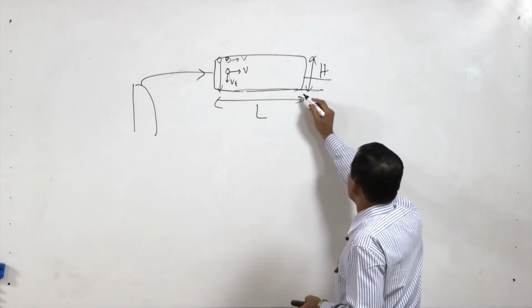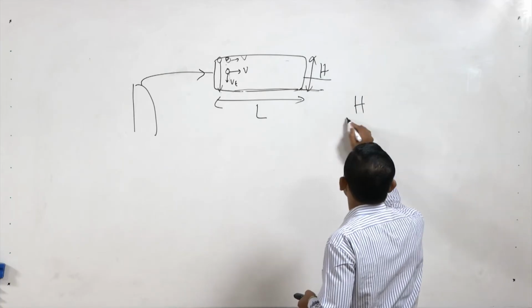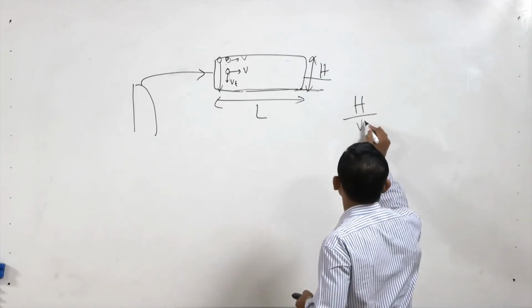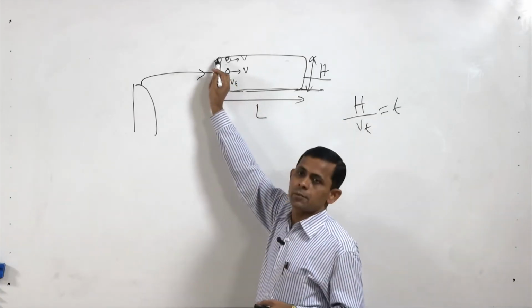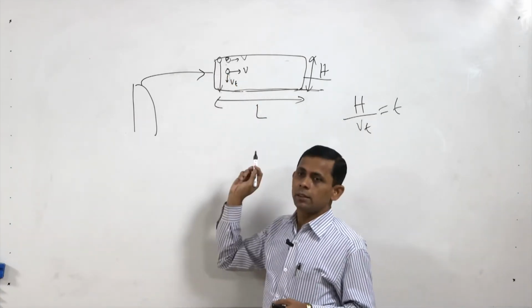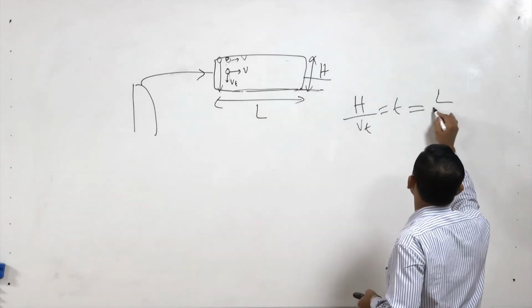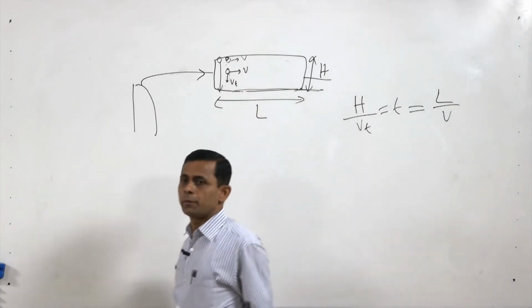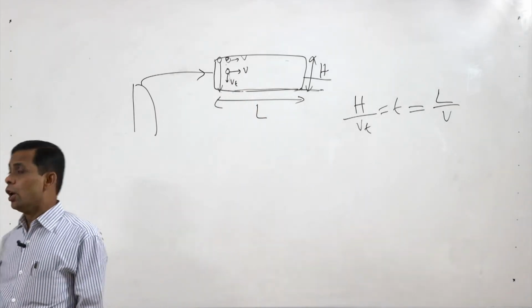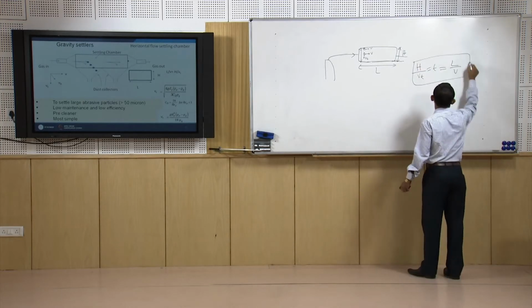So, the boundary condition is that h by Vt, the time required for the particle to travel distance h, is equal to L by V, where V is the velocity of the particle in the horizontal direction. This is the condition which will give us the separation.